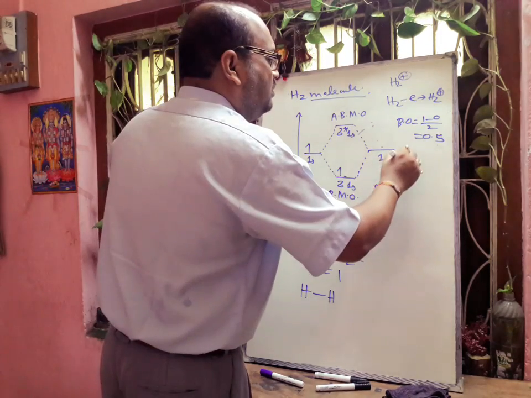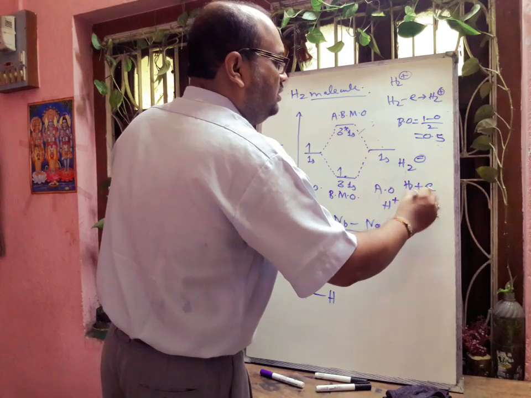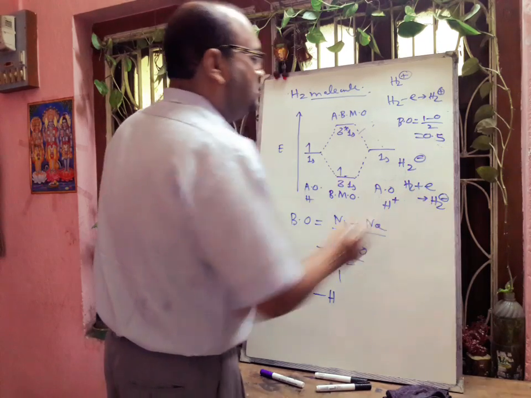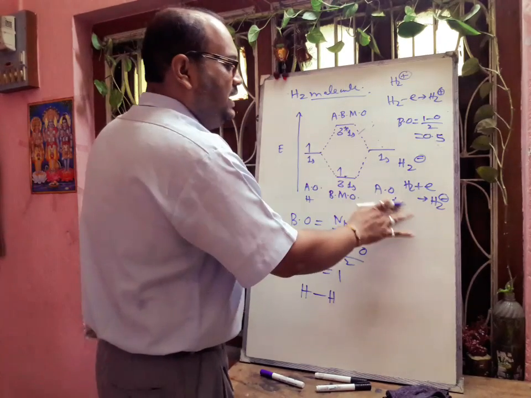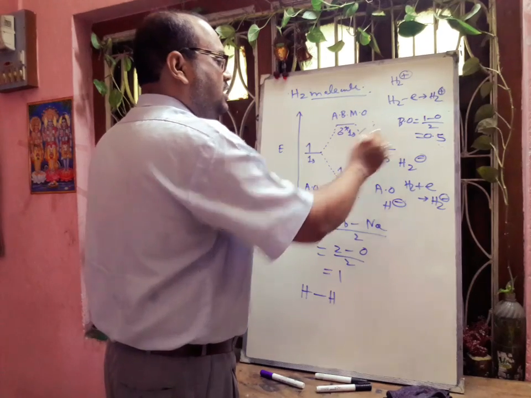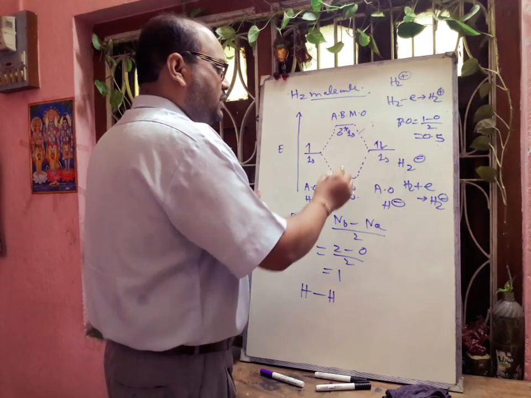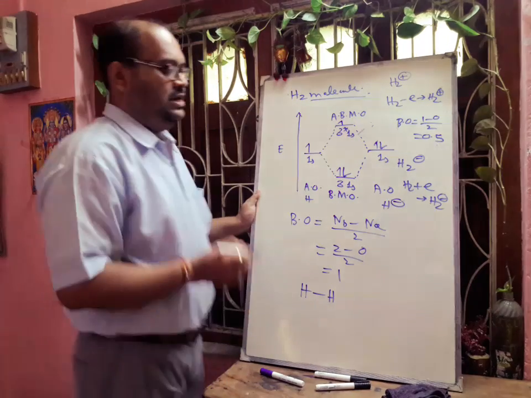Another we can think about is H2 minus. When hydrogen accepts one electron, it will form H2 minus. So in case of H2 minus, one will be hydrogen and another will be H minus. So in H minus, it will accept one electron, so there will be two electrons. So when we fill up these electrons, there will be two electrons in the bonding level, and in the anti-bonding level there will be one electron.